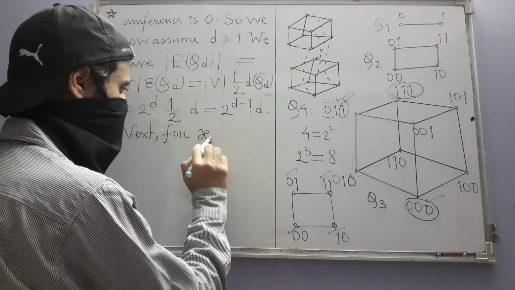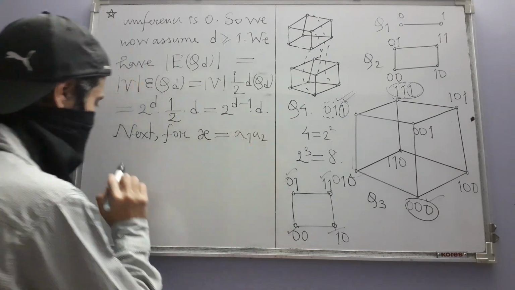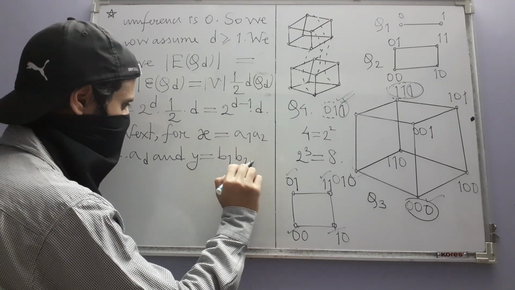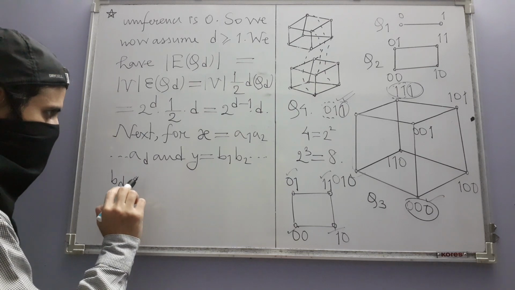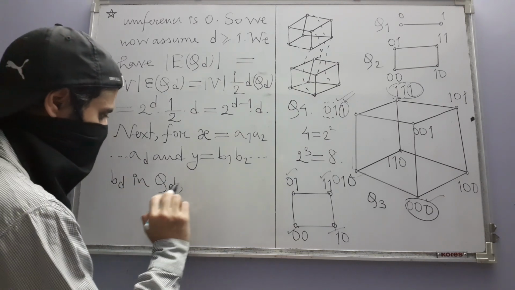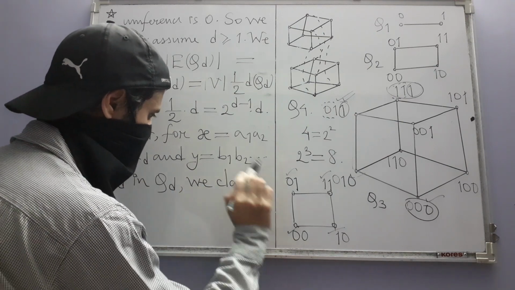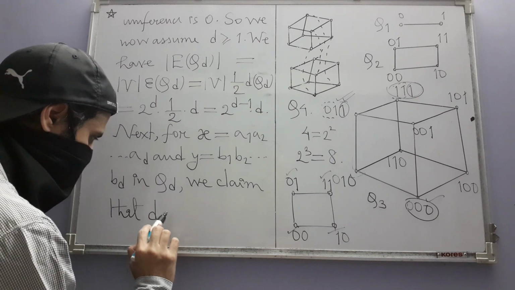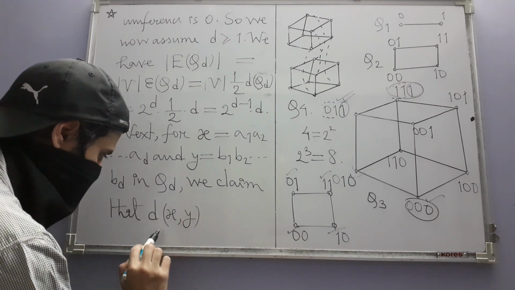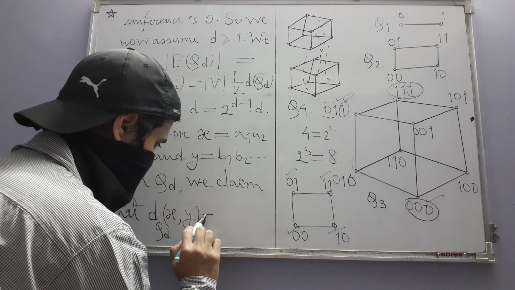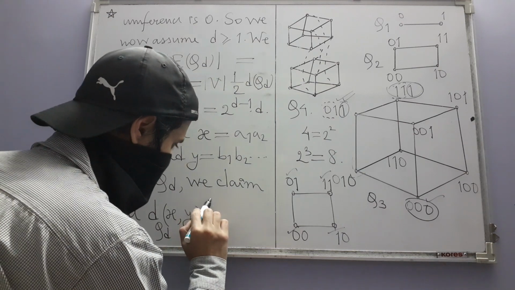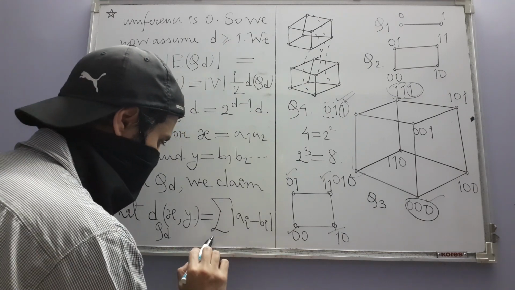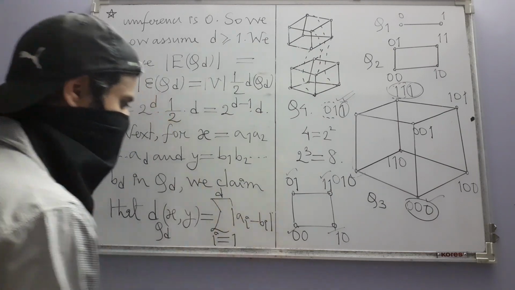Next, for x equal to A1, A2, ..., Ad, and y equal to B1, B2, ..., Bd in Qd, we claim that the distance between them in the graph Qd, of course, is this sum, the absolute value of Ai minus Bi, as i varies from 1 to d.